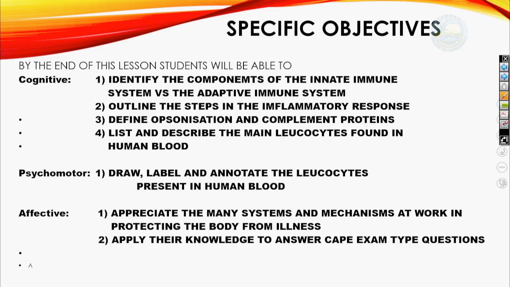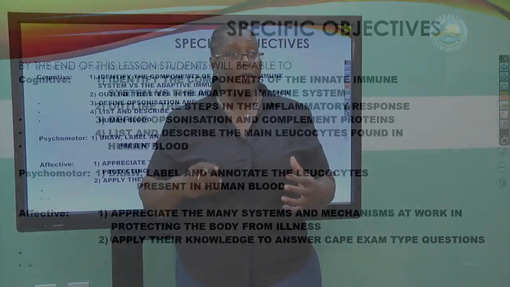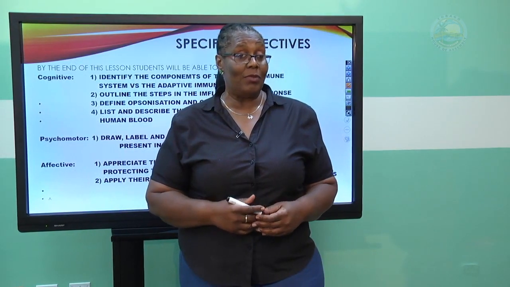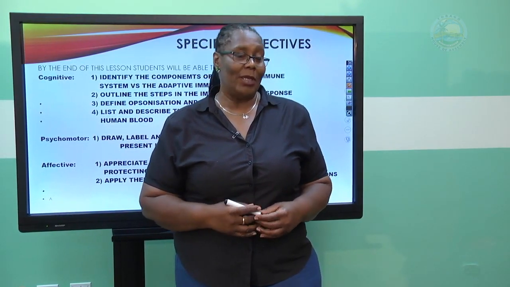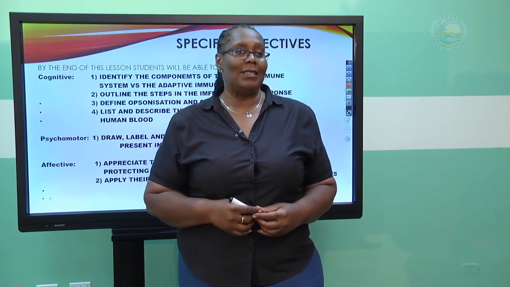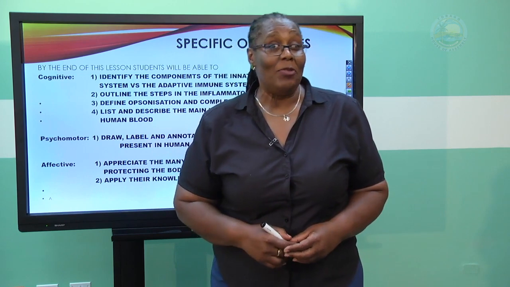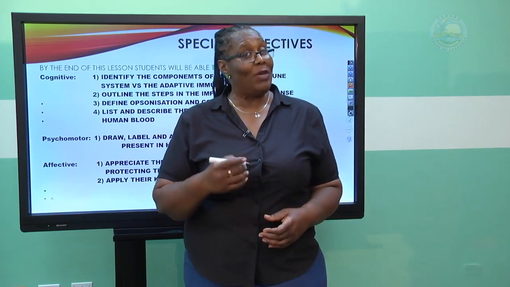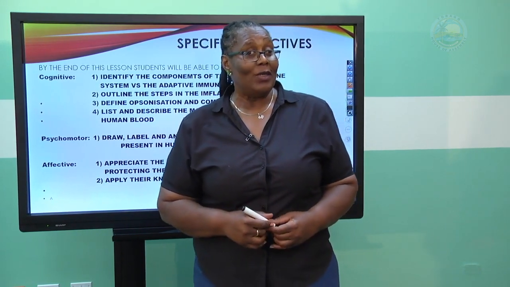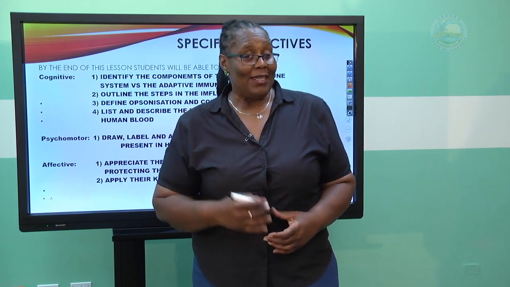We can't get away from them. But our body has the mechanisms to work to protect us from them. So in our next lesson, we are going to be developing on this and looking at the adaptive response, where we will see how the B and T lymphocytes work to bring about acquired immunity.